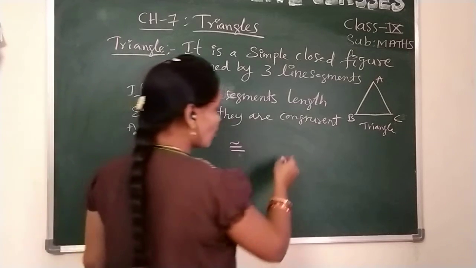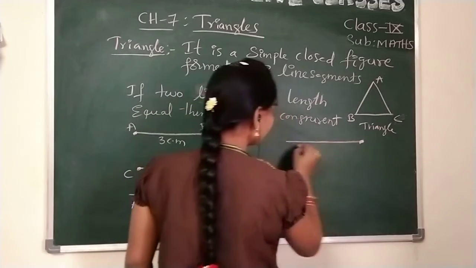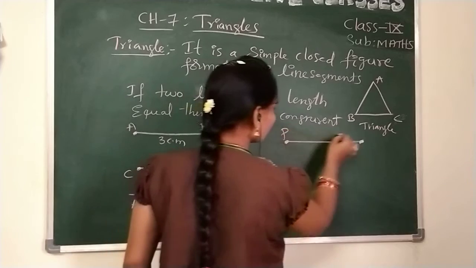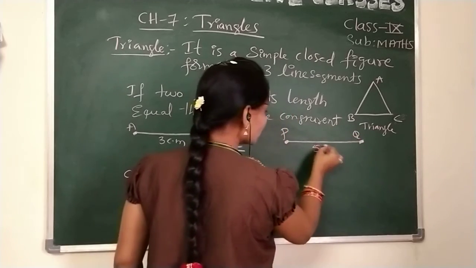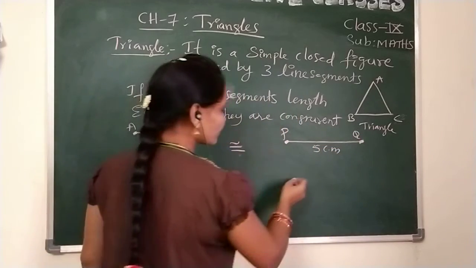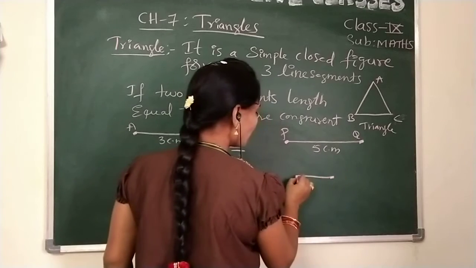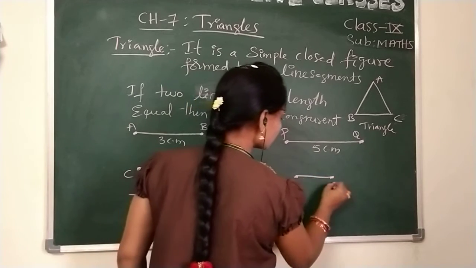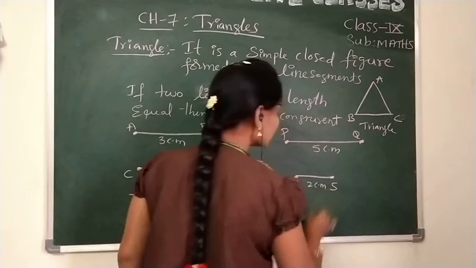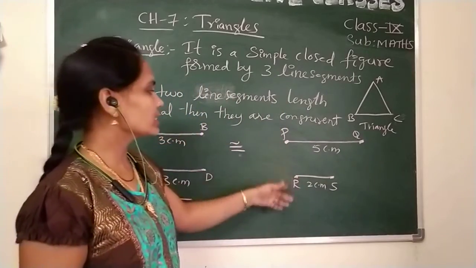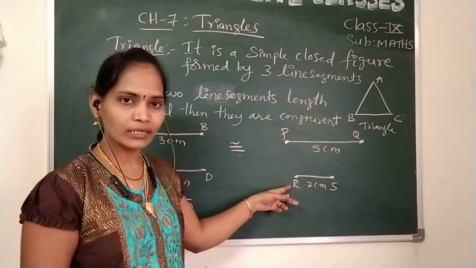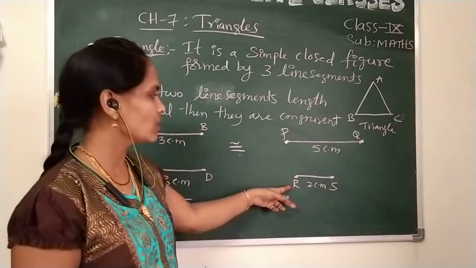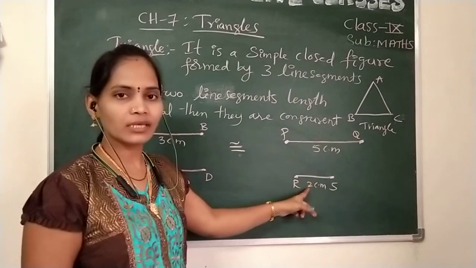Which are not congruent, that also I will show you. Suppose PQ is 5 centimeters and RS is 2 centimeters. Can we say these 2 line segments are congruent? No, because they do not have the same length.